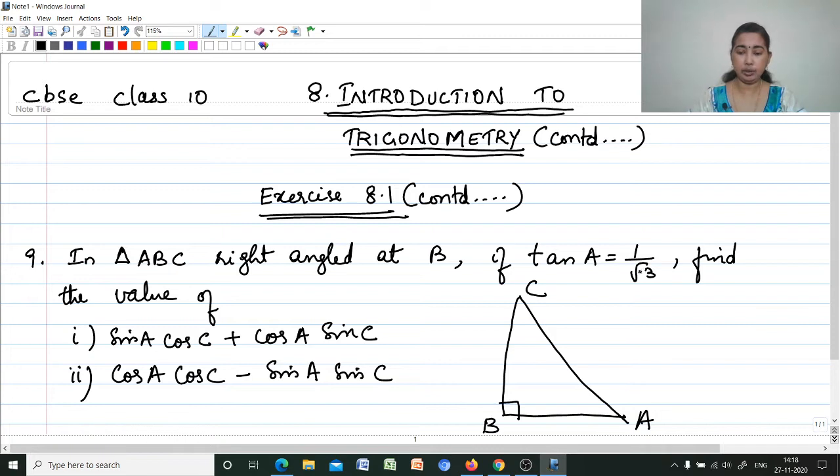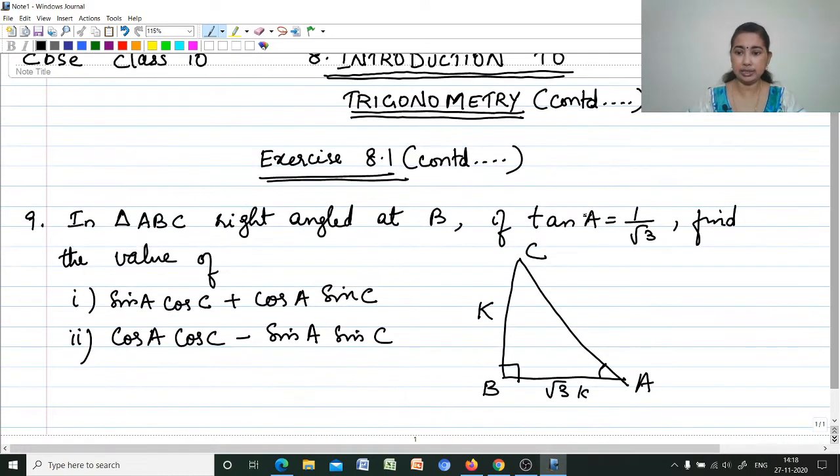Tan A is equal to 1 by root 3 means opposite by adjacent. So this can be written as K and here root 3K, because 1 by root 3 is the ratio. Some constant terms might have cancelled and we have got the value 1 by root 3. So we can write this as BC.